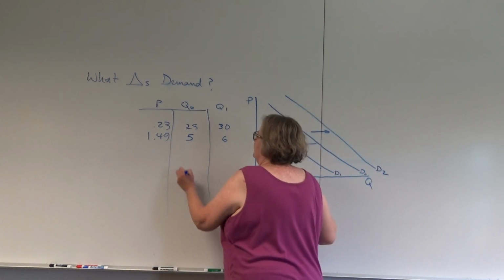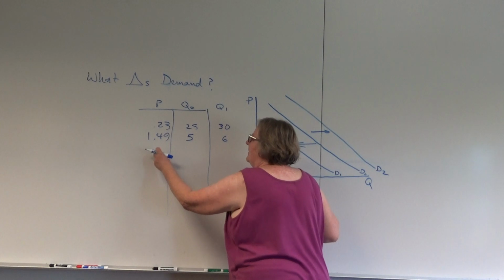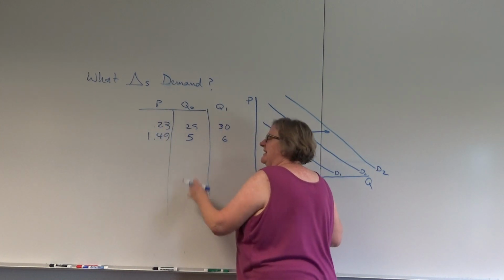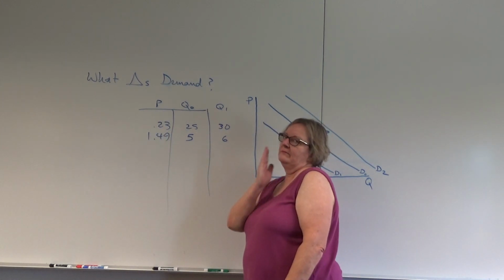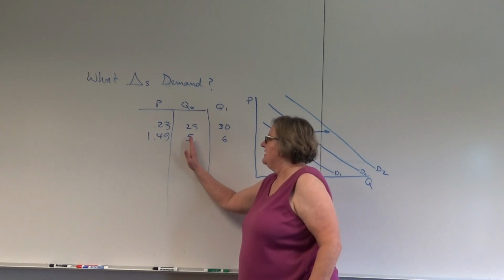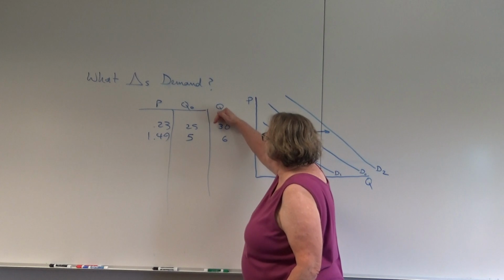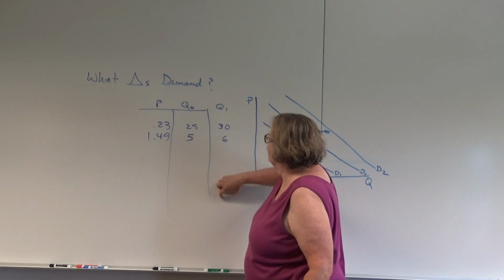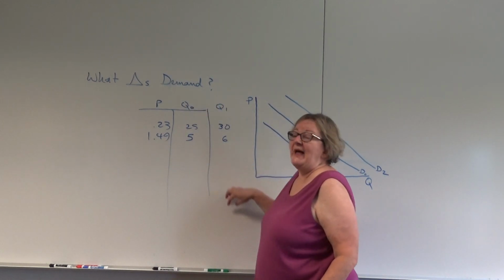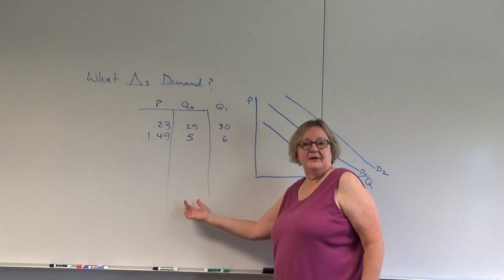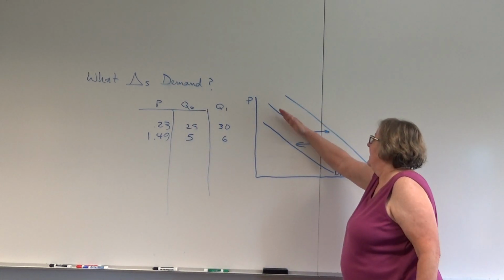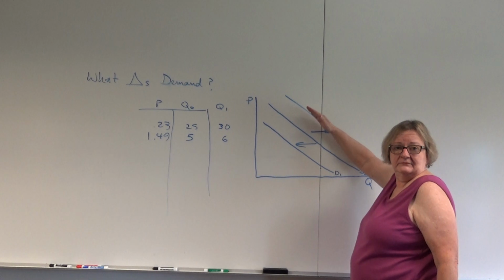So all of the quantities would react to changes in all of the prices. And when you have a new column with a whole bunch of different quantities, more or less than the ones before, that means that the demand curve actually shifts.